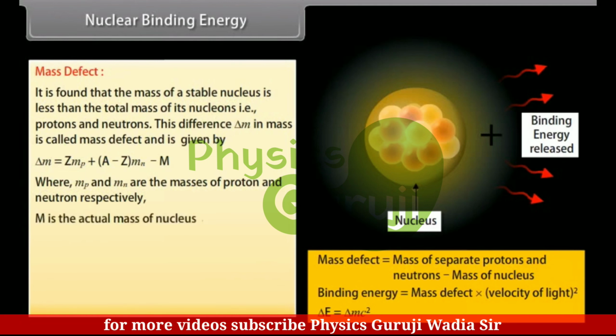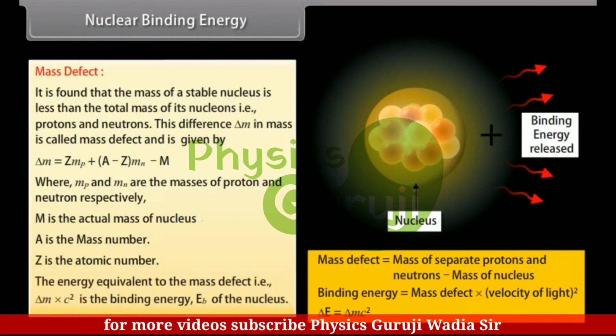M is the actual mass of nucleus. A is the mass number. Z is the atomic number.